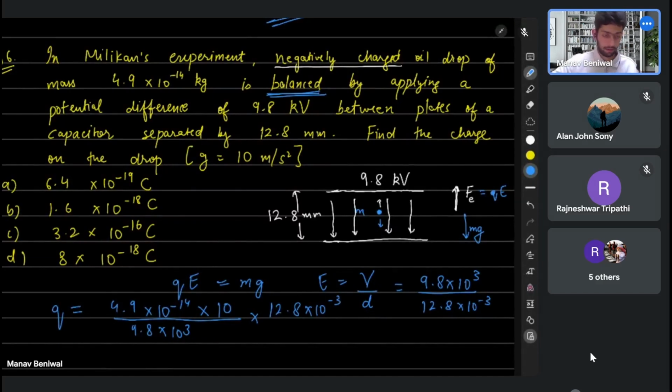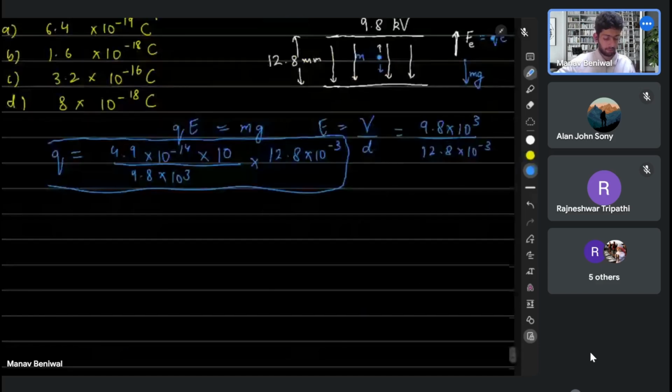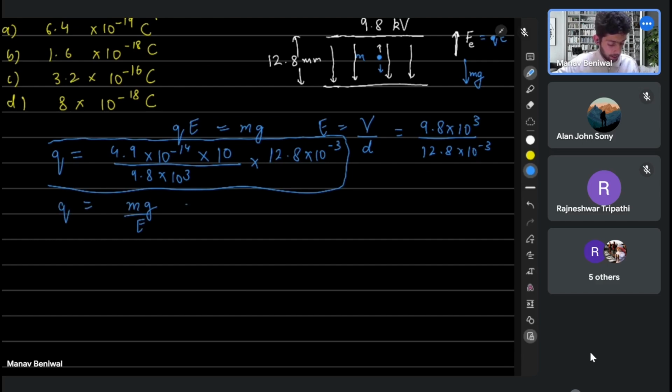Okay, so this is your q here, correct? This came by this formula. We have mg by E, and E is nothing but V by d. So this is mgd by V. Here we have m, g, d, and V.